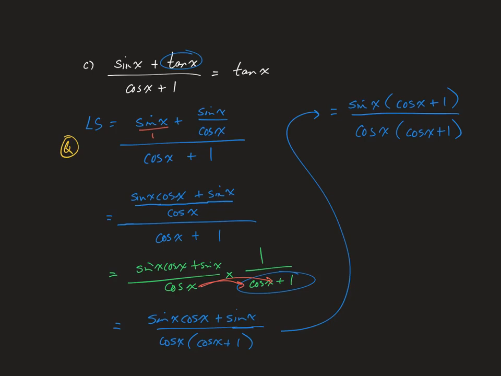And maybe you can see why I didn't want to follow that red and expand in on the bottom. Because now I can divide out my common factor of cos x plus 1, and that leaves me with sine x on top and cos x on the bottom. And I love that because that's equal to tan x because of our quotient identity.